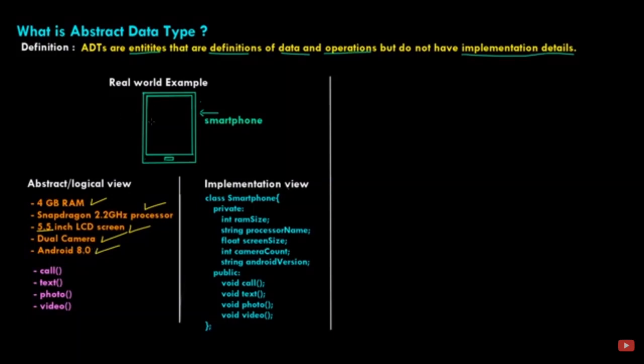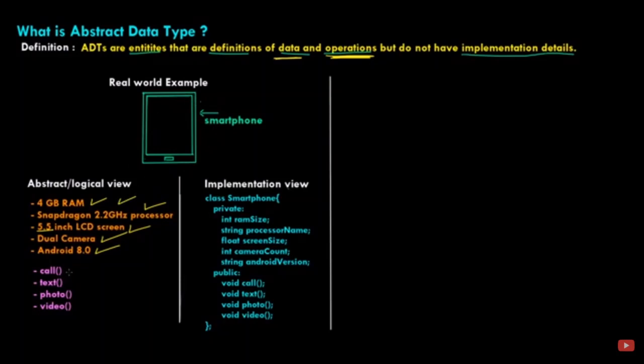So all these are abstract or logical view. So here we have some other options like call, text, photo, video. All these things we know are available in the smartphones.